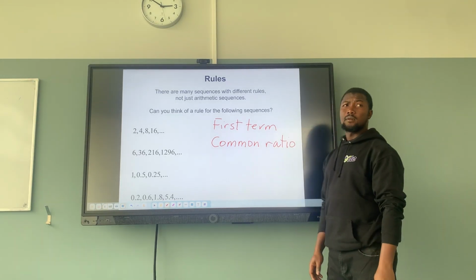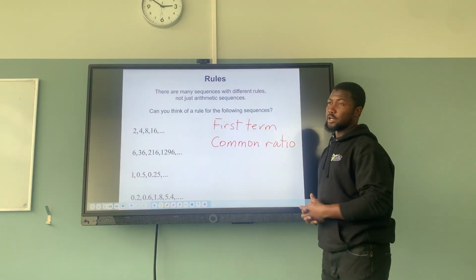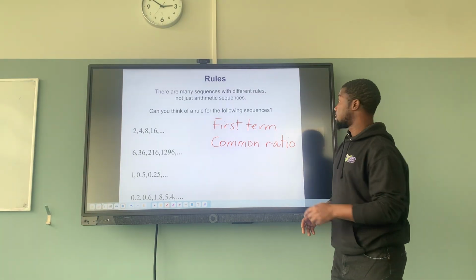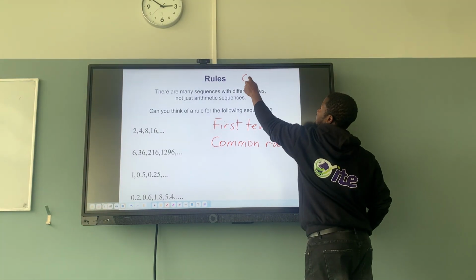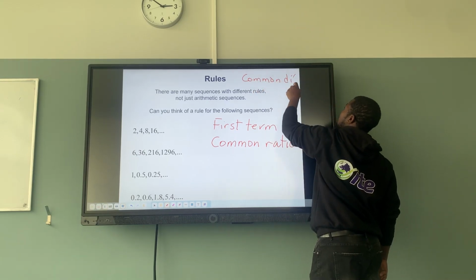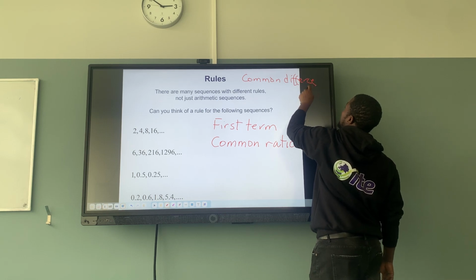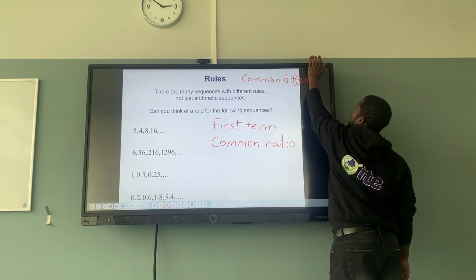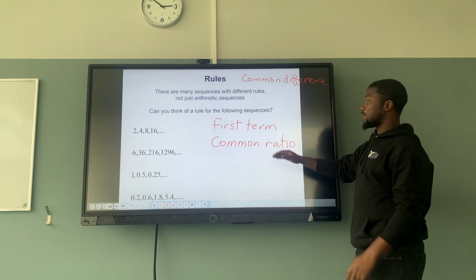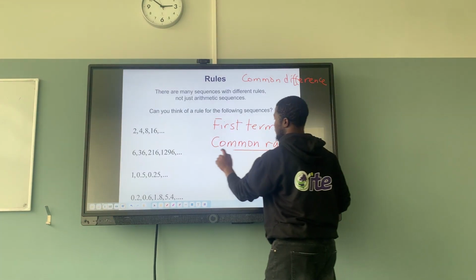For a sequence to be an arithmetic sequence, we said there exists a common difference. We looked at that already. Common difference. But for a sequence to be geometric, there must exist a common ratio.